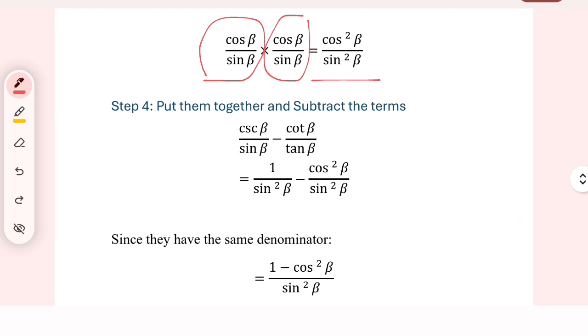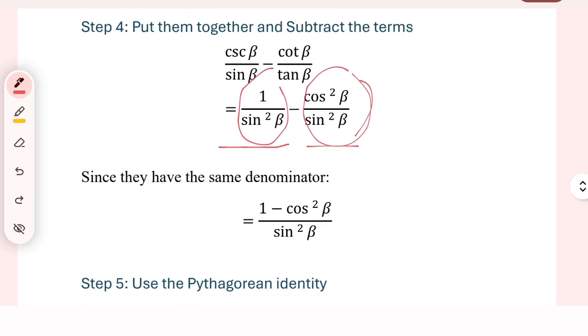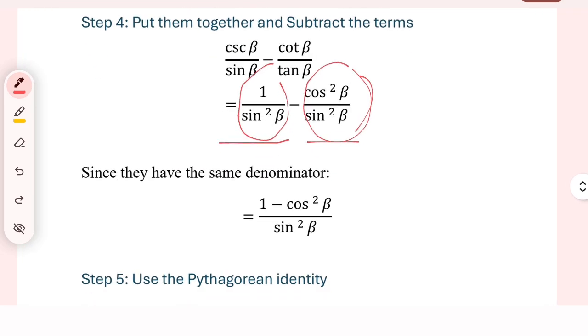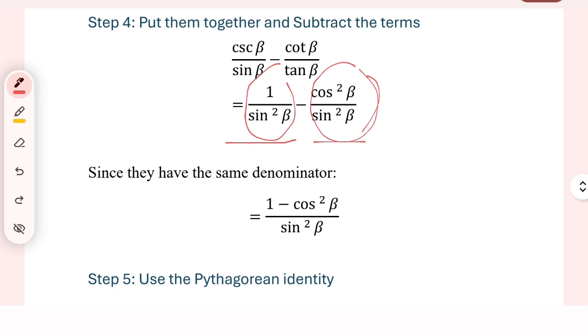So this is now the first term minus the second term. They have the same denominator now, right? The first and the second terms both have the denominator sine square beta.